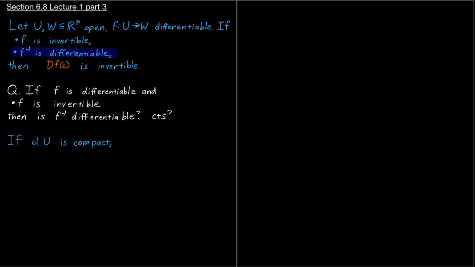and f is continuous and one-to-one on the closure of U, then f of closure U is compact, and f inverse from f of closure U back to the closure U is continuous.